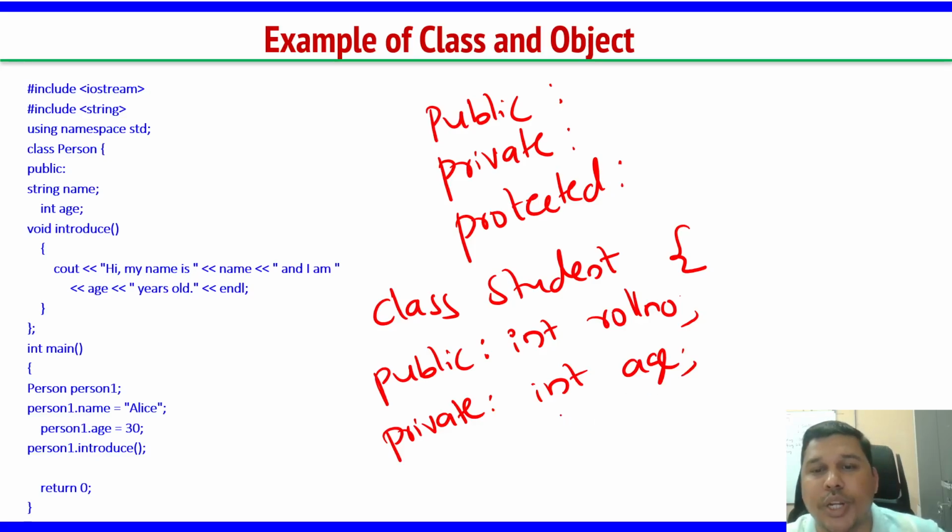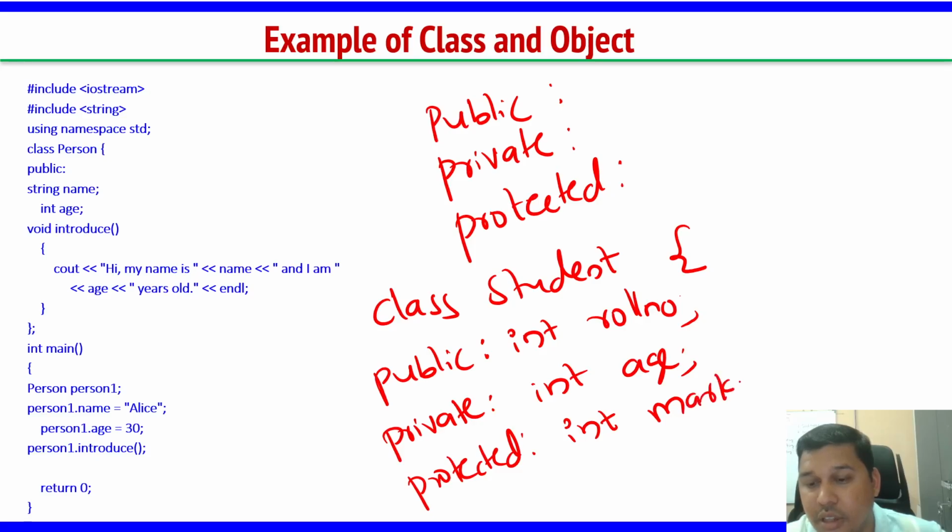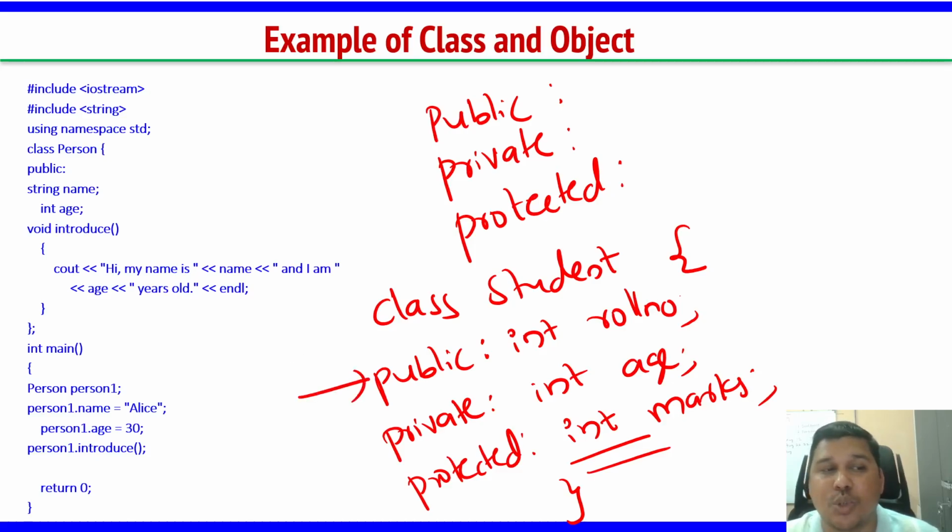Age we don't want to disclose, so we can make that variable private. Then if you want something very secret, maybe marks, int marks. Like this, you can create functions also. Like this, you are giving privacy to the variables. When you give public, everybody can access those variables.